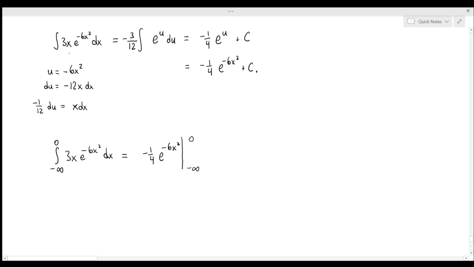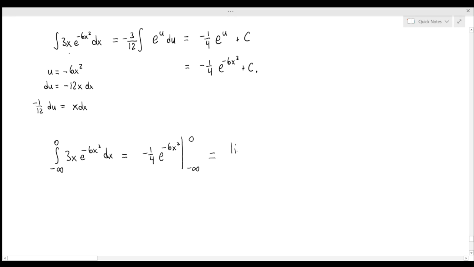All right. But since minus infinity isn't an actual number, technically we don't really want to evaluate at negative infinity. So what we do instead is we rewrite it as a limit.